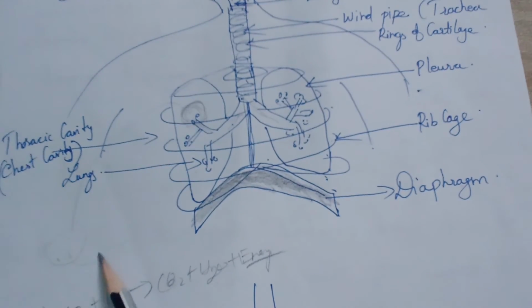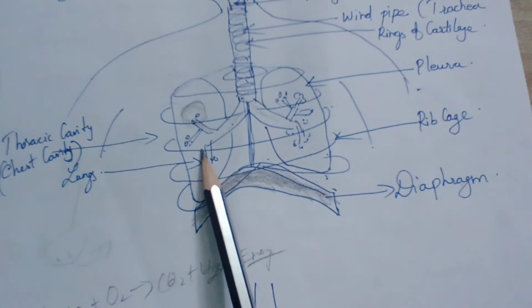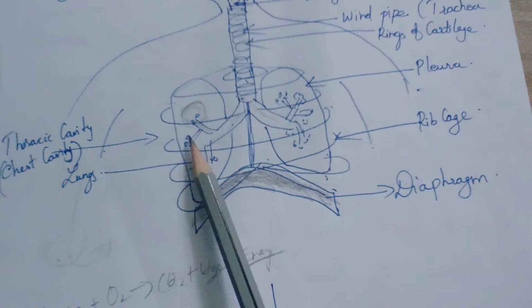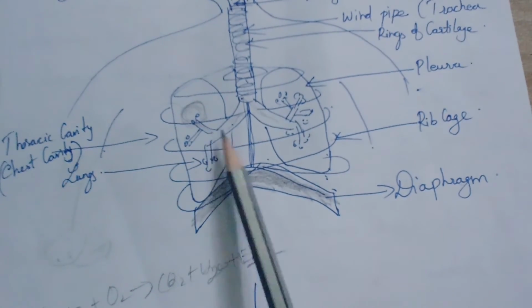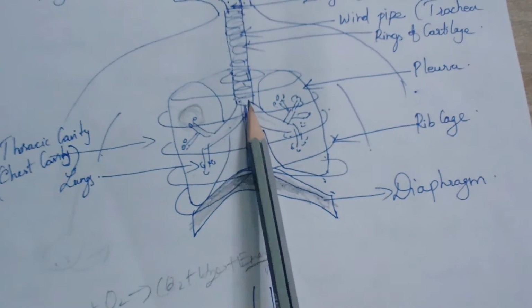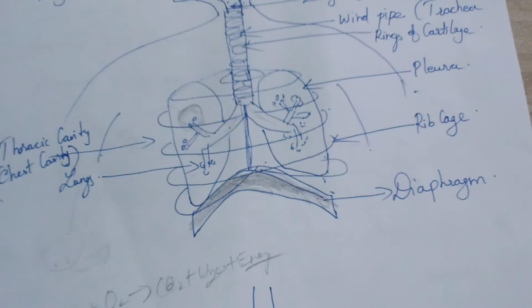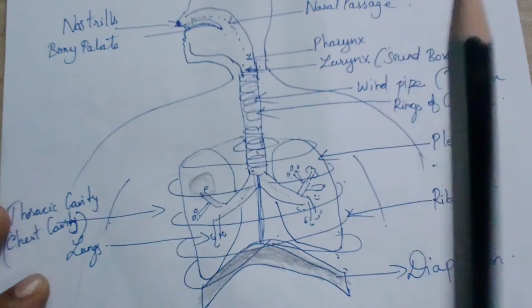Once it is over, carbon dioxide will be formed, and again it is taken back to the alveoli and removed through the same path. That is, from the alveoli it enters the bronchioles, from the bronchioles it enters the bronchi, and to the trachea, through the larynx, pharynx and nasal passage, and through the nostrils it comes out.